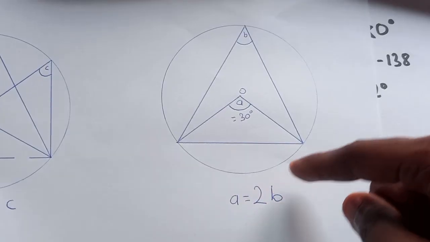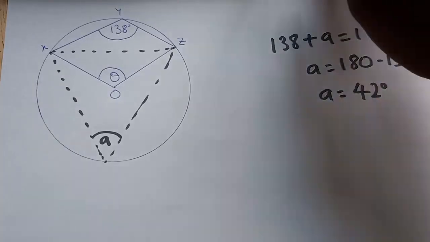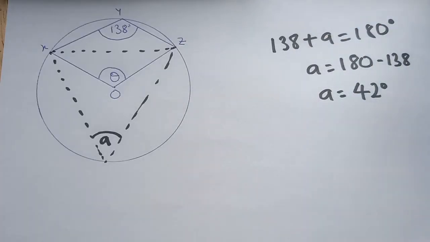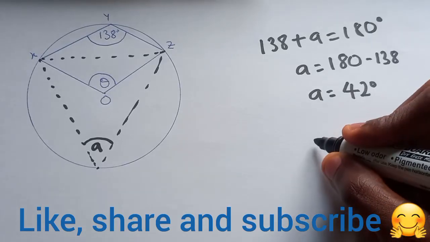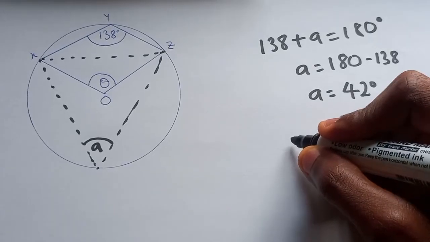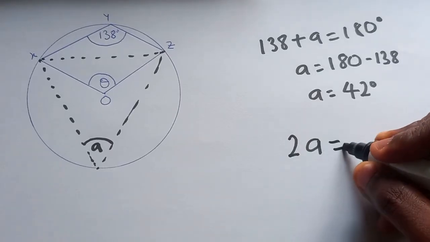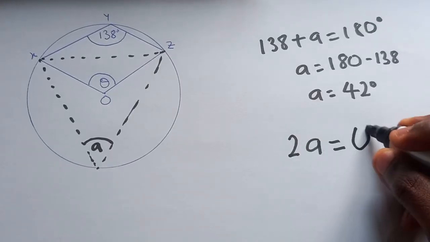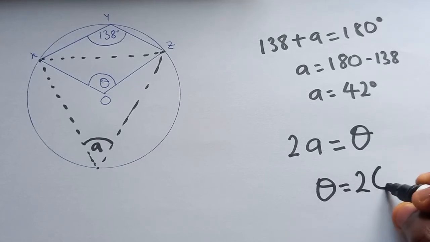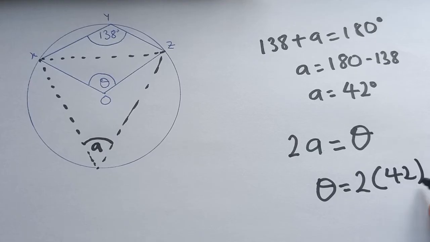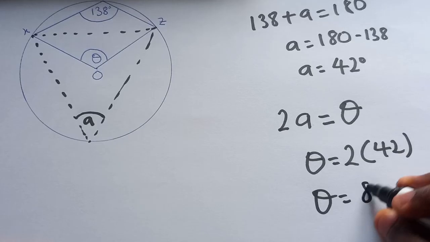A is 2 times B. So then we come here, we write that two times A is equal to theta. Therefore, theta is equal to 2 times 42 degrees. 2 times 42 is 84.